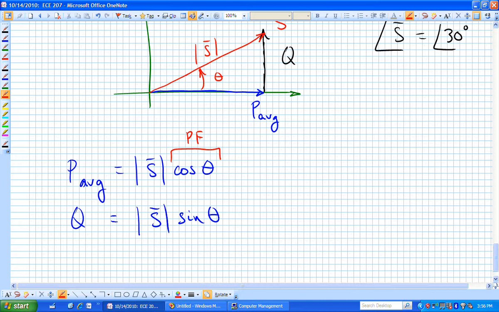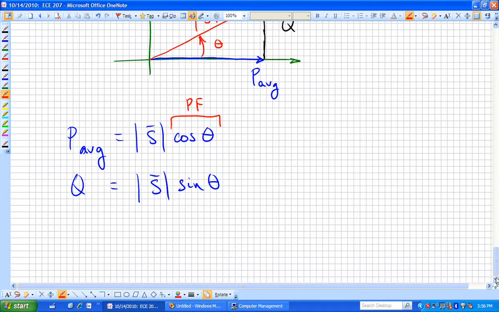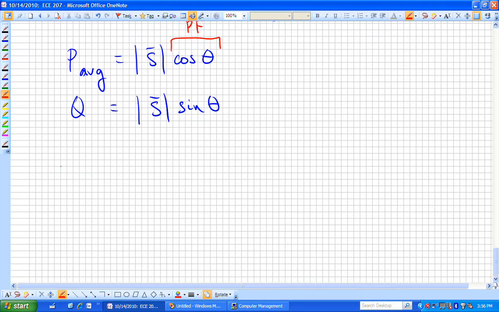It's not explicitly in that diagram, it's implicitly indicated by theta, where the power factor is the cosine of theta.